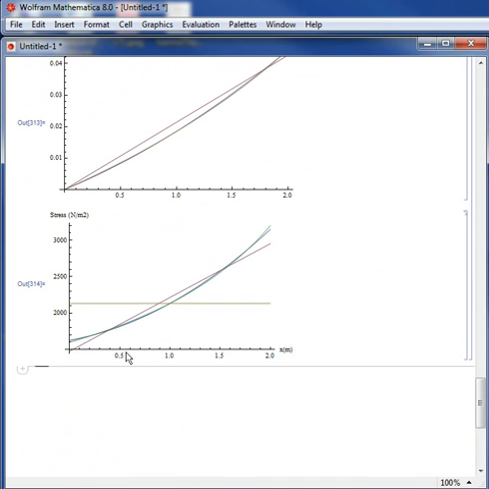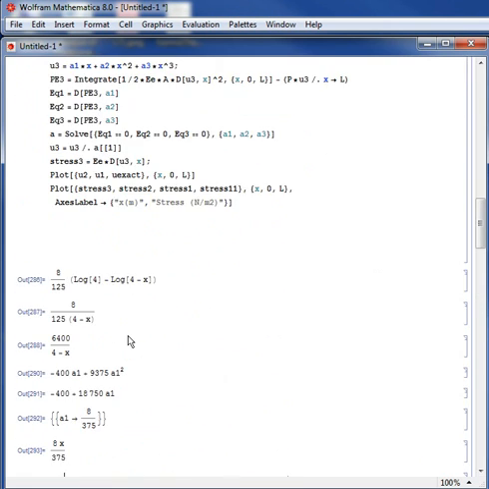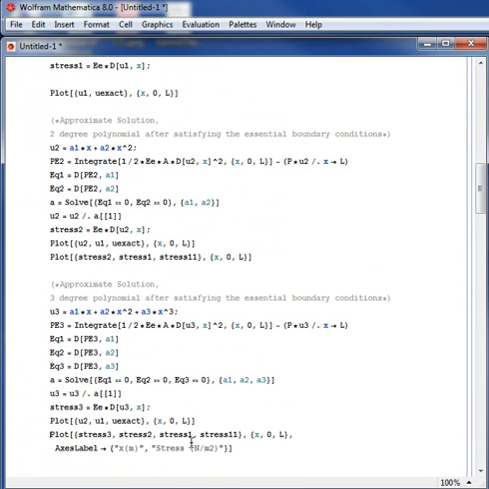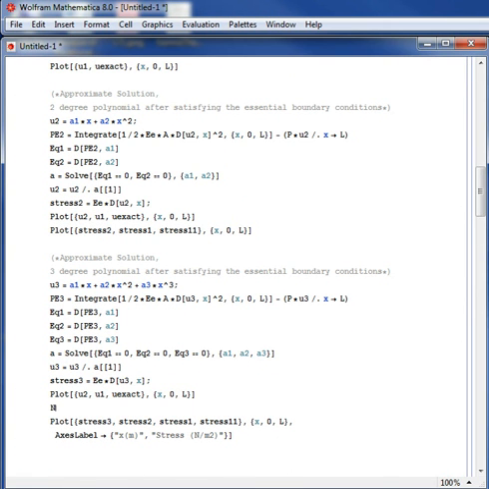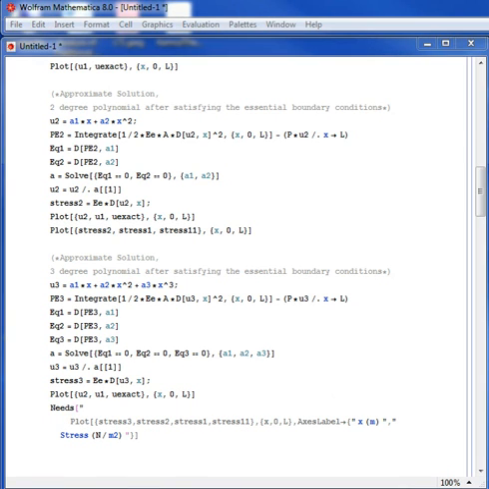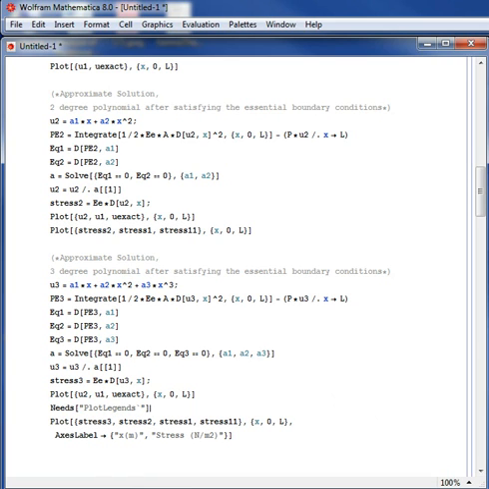Now I also need to supply a legend. So to supply a legend, I have to write needs plot legends, and then I can provide a plot legend.